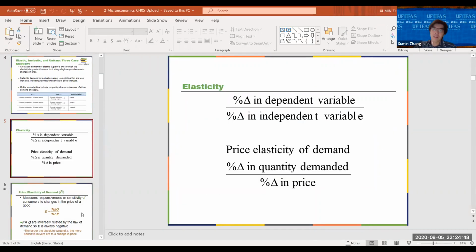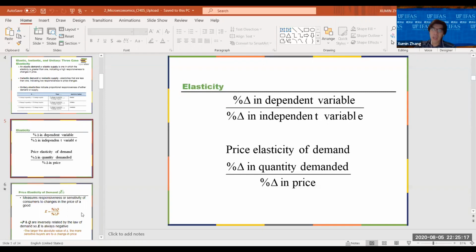How to calculate the elasticity is, for me, very helpful, because as you can see, we put the percentage change in the dependent variable, in this case the quantity, over the percentage change in the independent variable, in our case the percentage change in price.